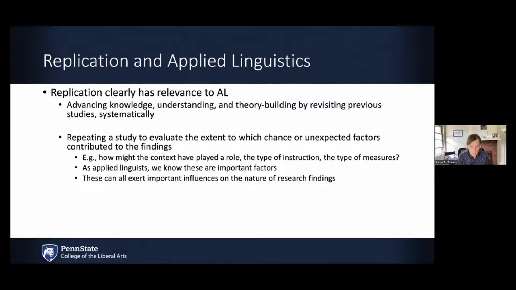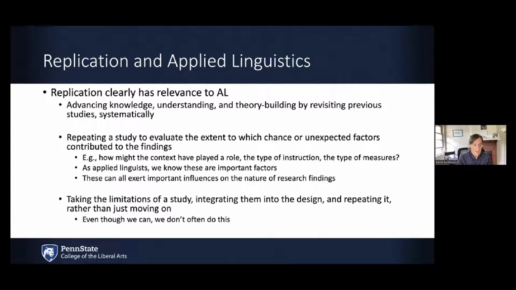And as applied linguists, I think we're all agreed that these are really important factors, because we know that they can exert very important influences on the types of conclusions we draw. So this is why replication is important to us.